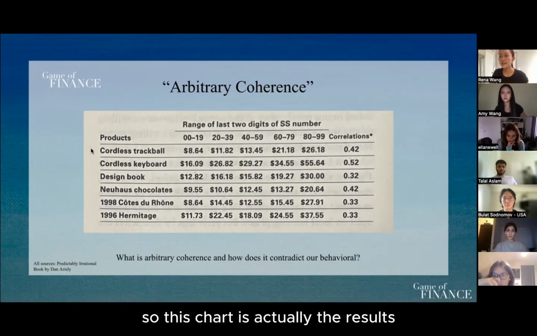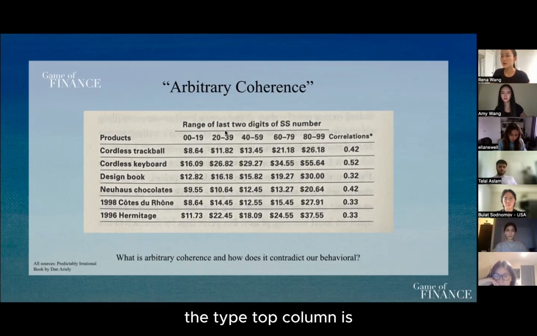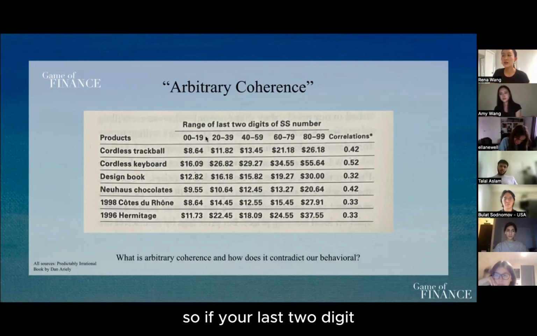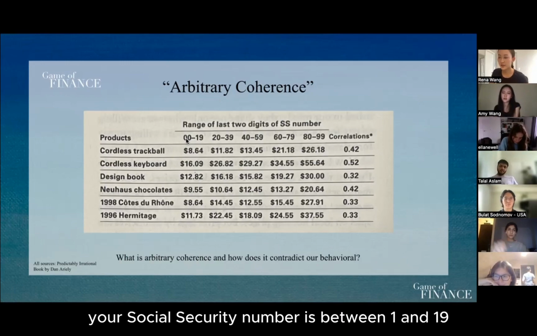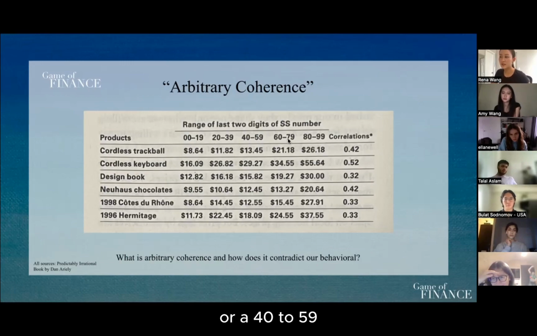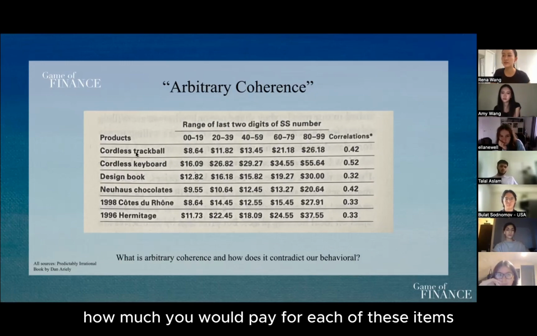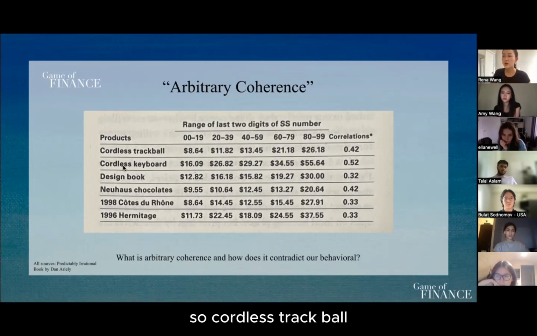This chart shows the results of assessing 1,000 MIT students. The top column is the last 2 digits of their social security number. If your last 2 digits are between 1 and 19, or 40 to 59, or 80 to 99, the professor asked the students how much they would pay for each of these items: a cordless trackball, a cordless keyboard, also the 1999 Hermitage.